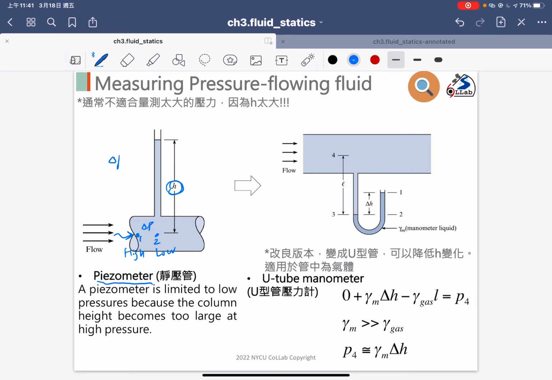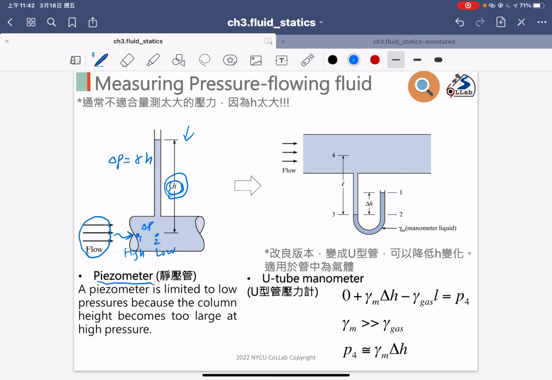So usually we will say that delta P is equal to gamma H, okay? But this device is not very useful because you need to bring the device to anywhere you would like to measure the pressure. And for some questions, if your flow velocity is quite high, you will have a large rising height H. If the height of the tube is not large enough, you cannot measure the flow velocity.